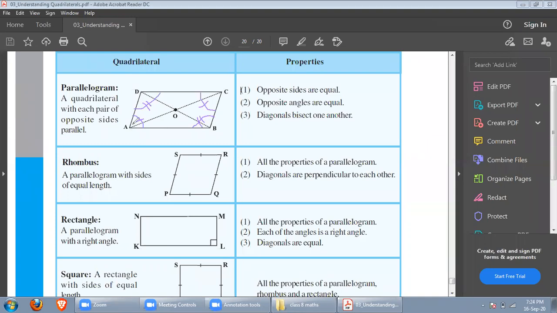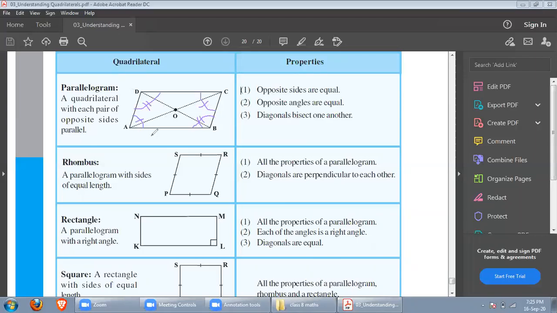This angle ADC and this angle DAB are interior angles on the same side of the transversal, and together they give you 180 degrees. So the adjacent angles will be supplementary in a parallelogram, and the opposite angles are equal to each other.